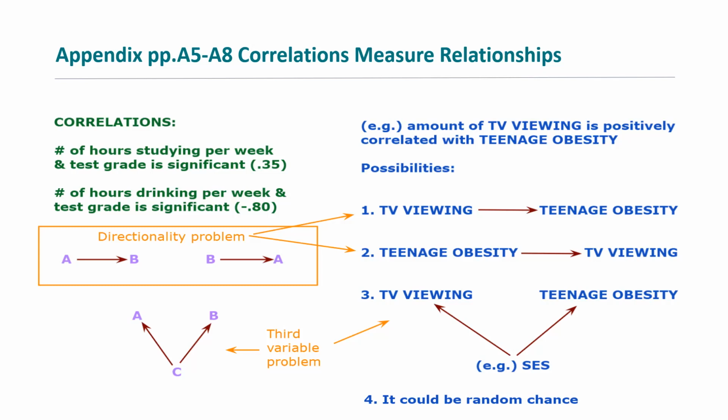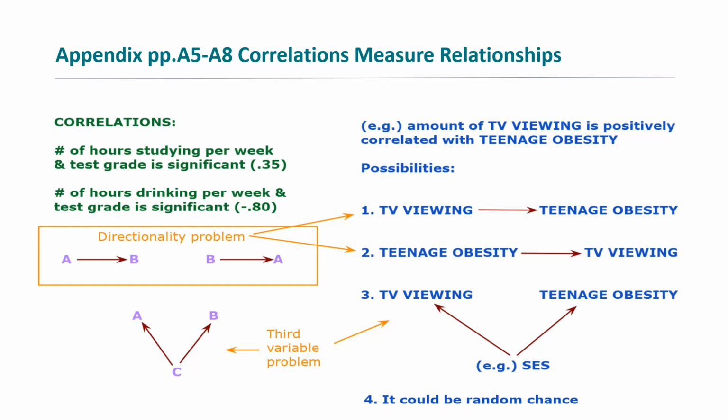And then the second one is number of hours drinking per week. And I'm sure they're talking about drinking booze, obviously. With test grade, this was also significant, negative 0.8. Oh, it's negative. So more drinking led to lower test grades. Right away, if we were in class, I'd ask you which one of these is stronger.